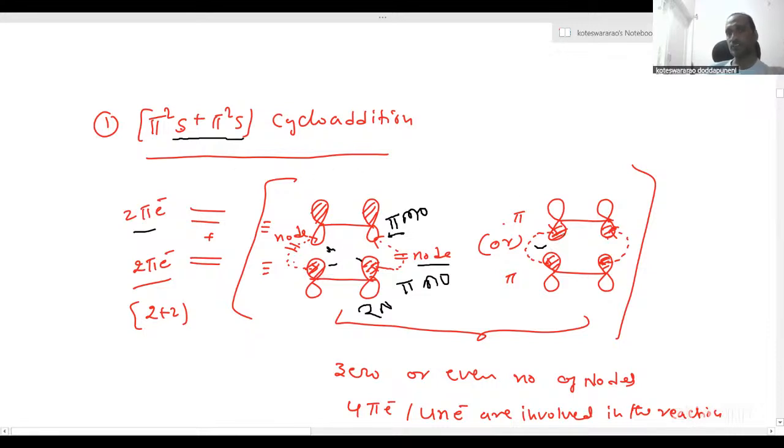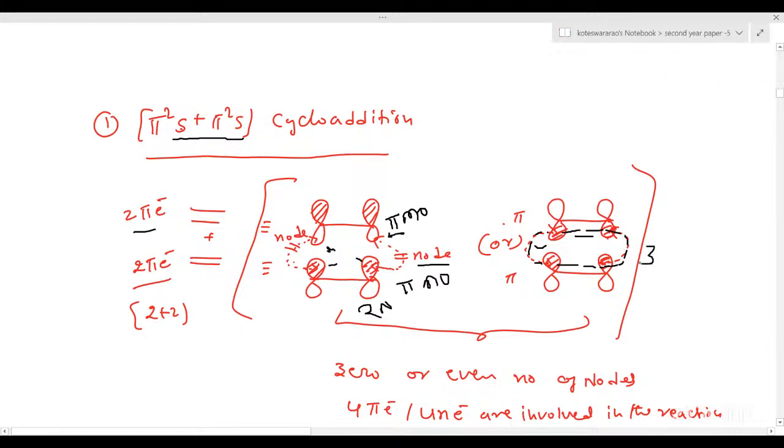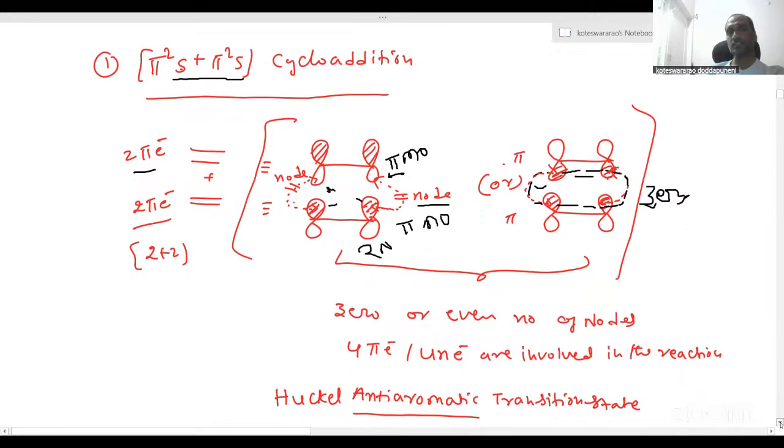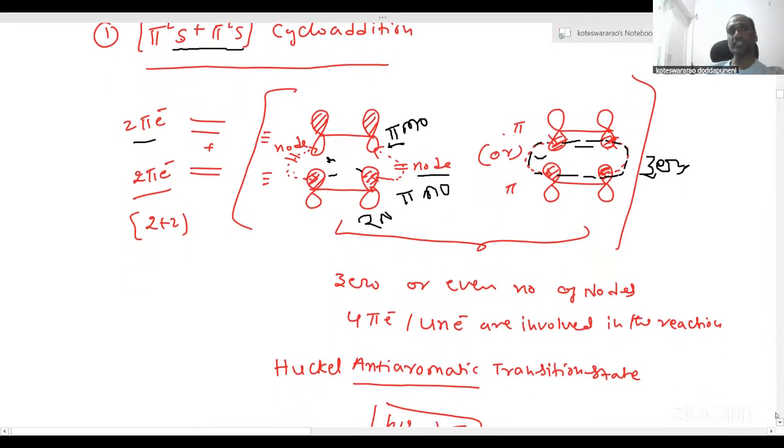The first interaction is like this, and the next interaction is like this. It leads to zero nodes. Those two transition states may be involved in the 2+2 cycloaddition reaction, that is pi 2s plus pi 2s supra mode of addition.